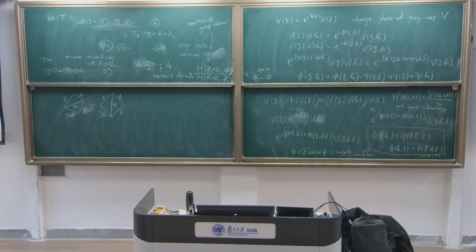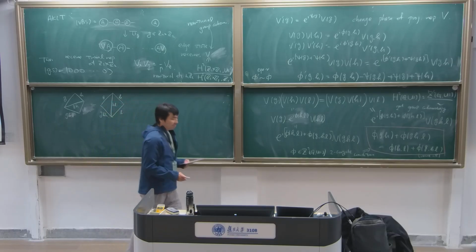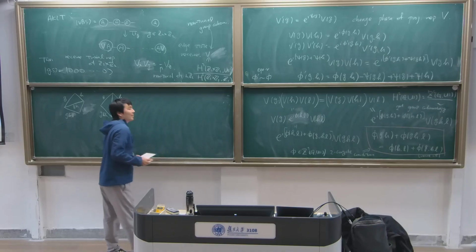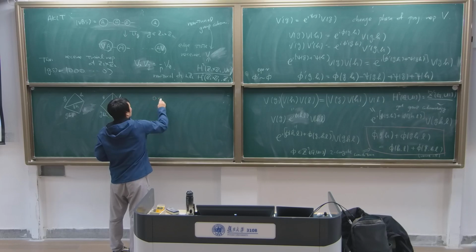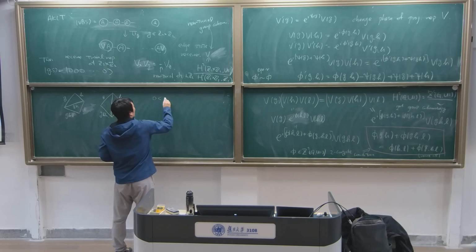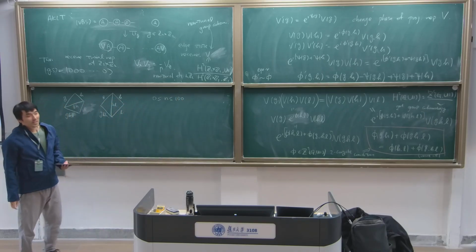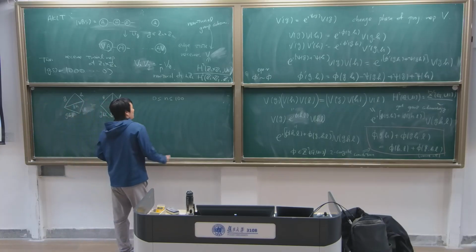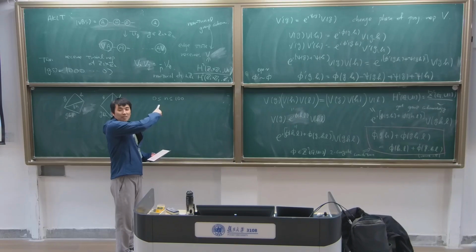Another way to understand is as follows. Suppose we count the number N, which is 100. Let's suppose, give me some number in this range. 38.